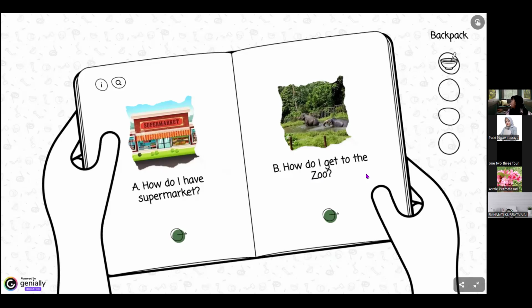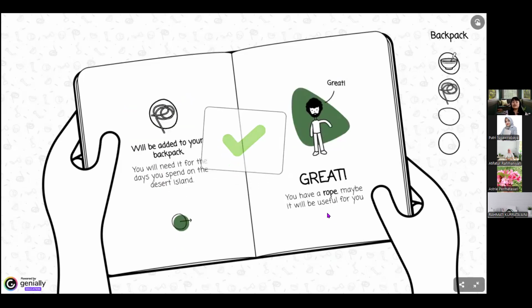The first or the second one? The second one. How do I get to the zoo? Let's check together. Is it correct or no? 1, 2, 3. Wow, good job. Your answer is correct. And then you got a reward. You have a rope. Maybe it will be useful for you.